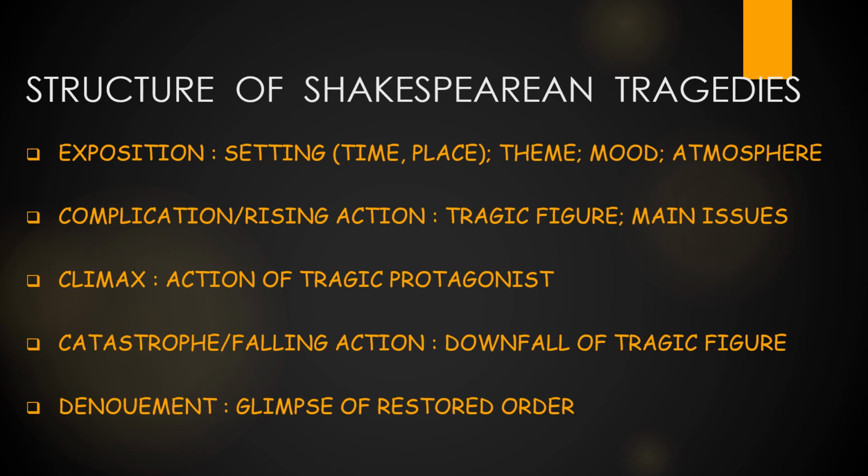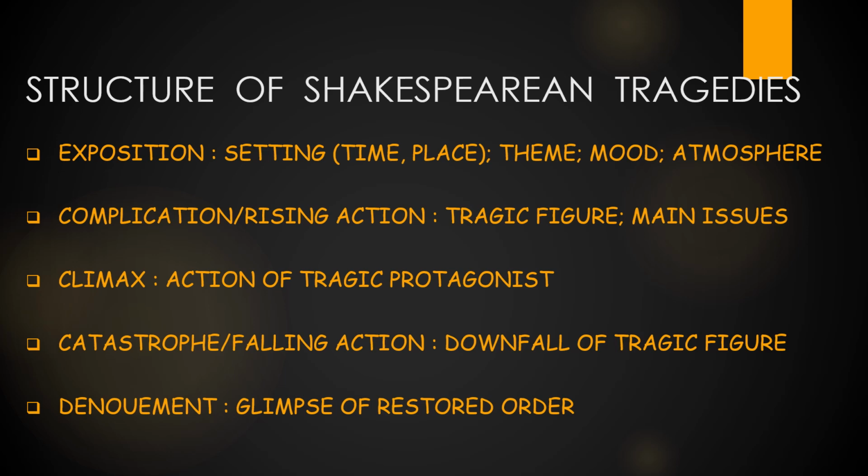We have the mood established, the atmosphere, and naturally along with it some of the main themes also come into focus. Then we have the complication or the rising action, which is in Act 2, where we have this elaboration of the tragic figure, either through his own speeches or through speeches of others, and we have the main issues coming into focus.